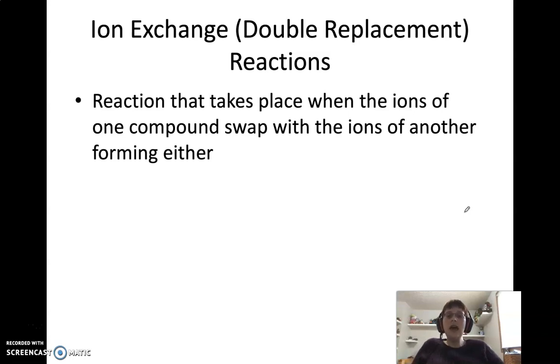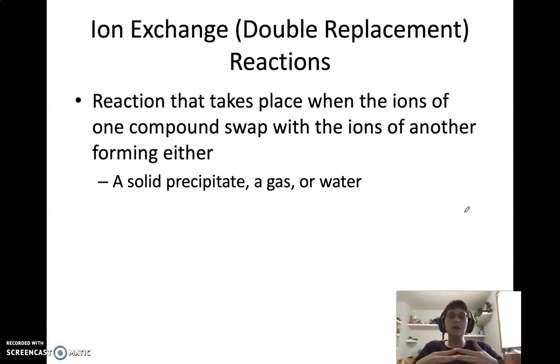And you can tell that this is happening because if you have the reaction happening in front of you, you're either going to get a solid. So a precipitate is just a solid that falls out of solution because usually these ions are in solution. They're aqueous, so they have that AQ. You'll get a gas, so it'll bubble, something like hydrogen. Or you'll make water.